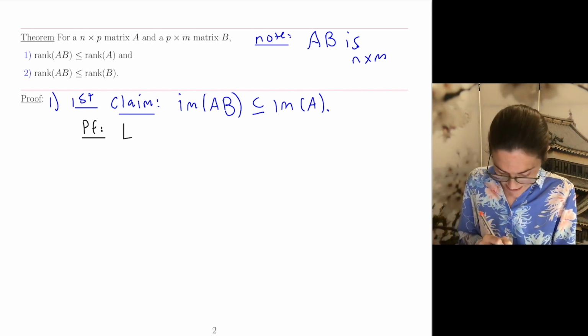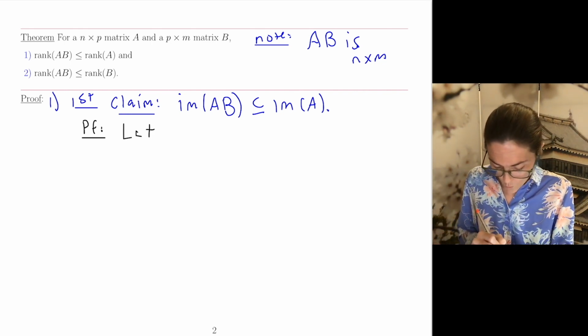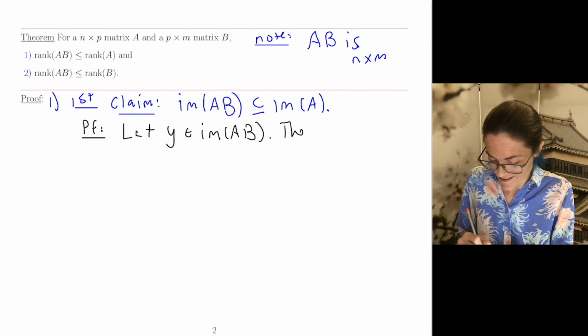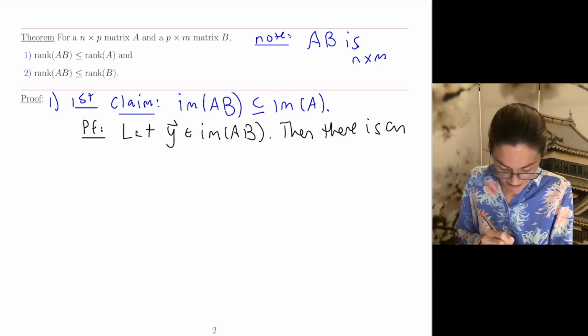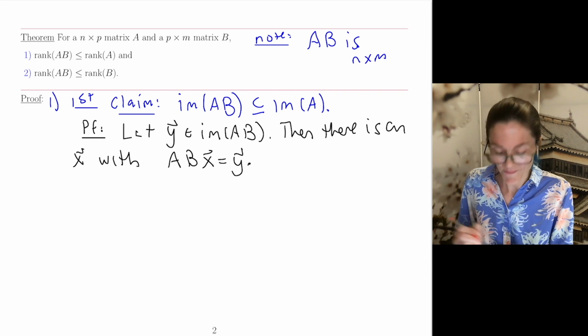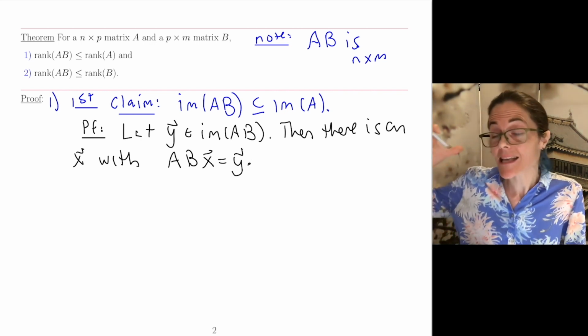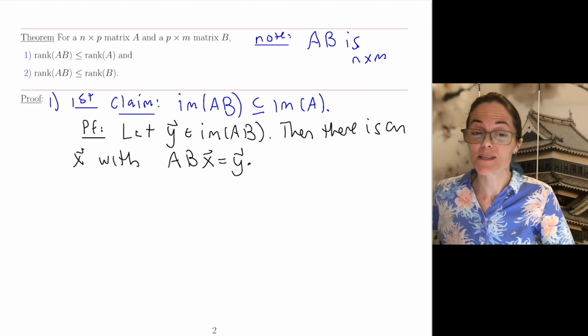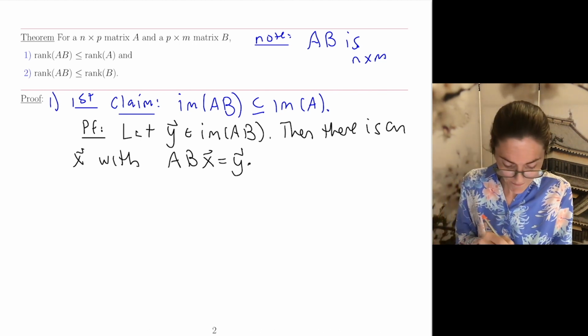So we just let y be in the image of this product. Okay, so what does this mean? Then there exists a vector x with AB times x equals y. This is what it means to be in the image. There is some vector that maps to this vector y.